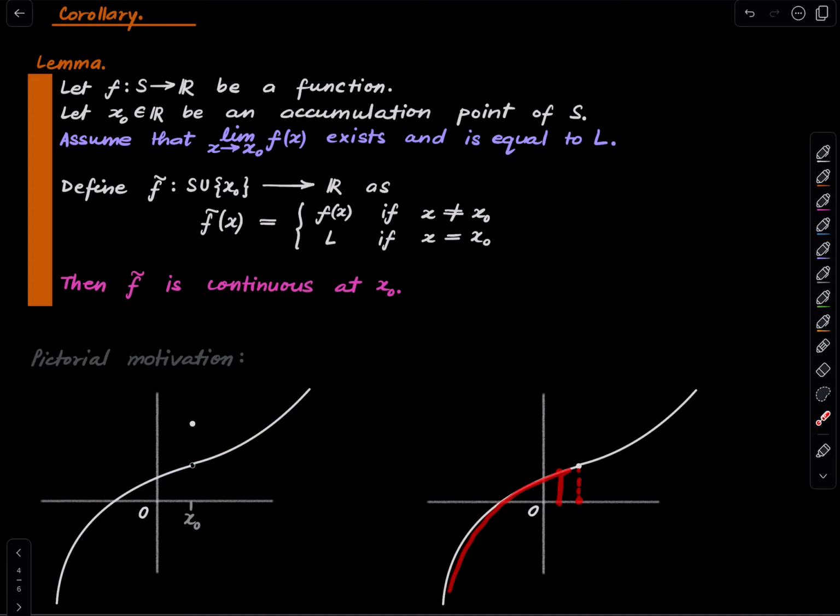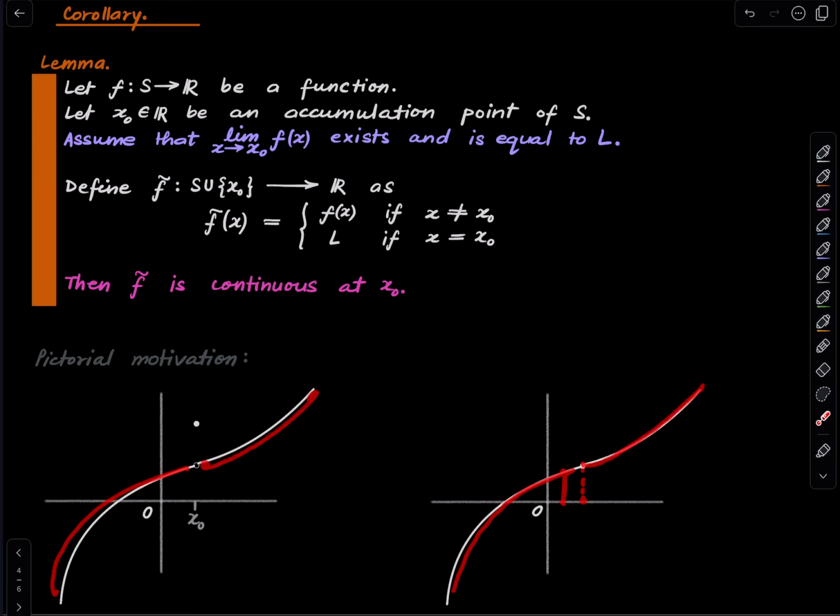So that mimicry is clear. But at the point X naught, f tilde takes the value equal to the limit of the function, which in this case does exist. What is the limit of f as x goes to X naught? It is this value. And that's what we see here.